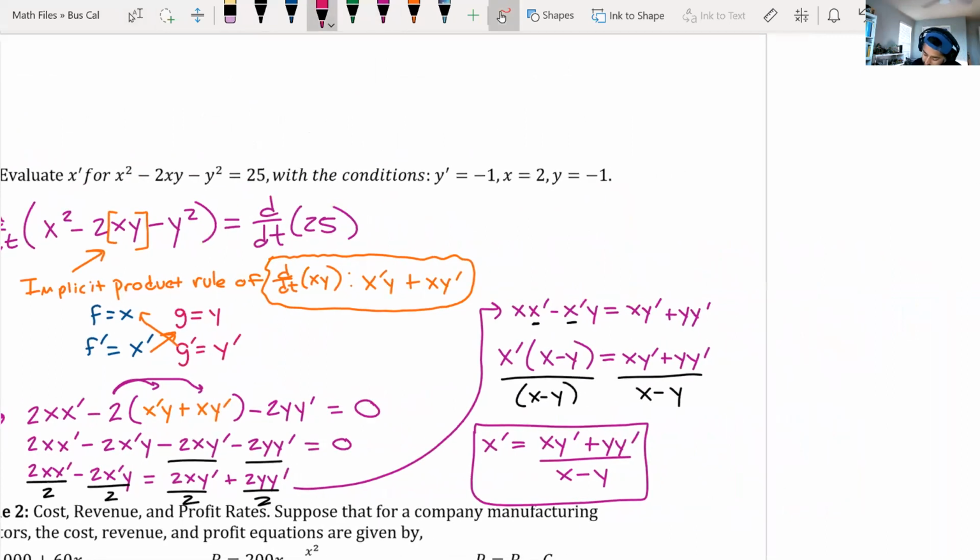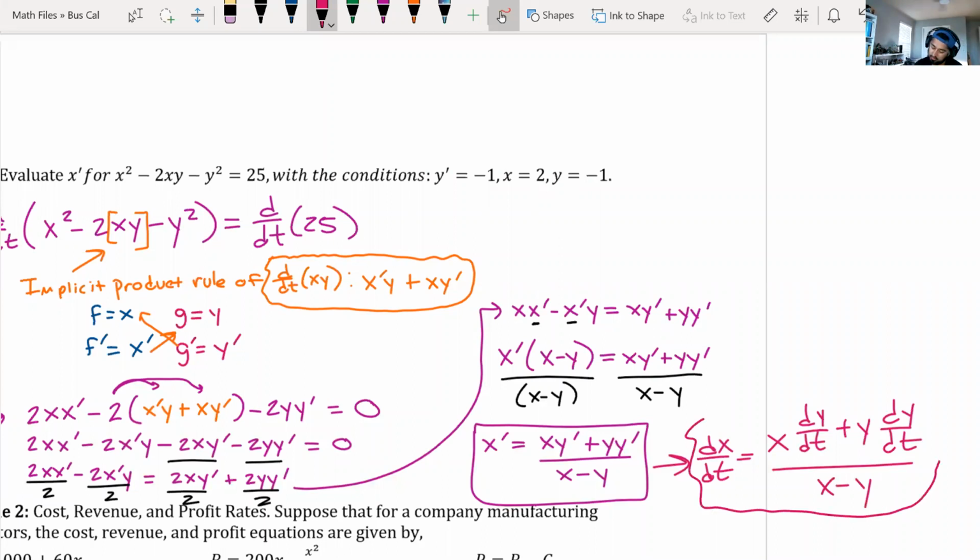Also, I'll rewrite it just in case it wants the MyMathLab format. dx over dt equals x times dy over dt plus y dy over dt over x minus y. It just doesn't look right, but it is.